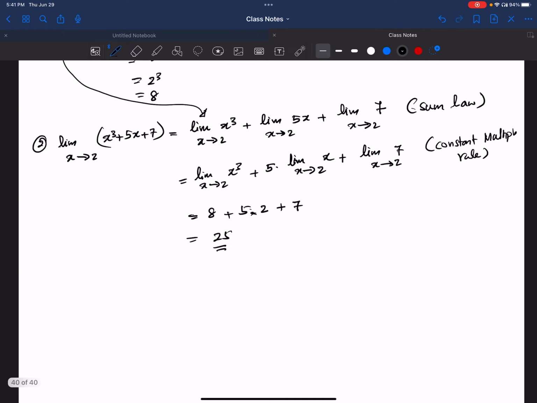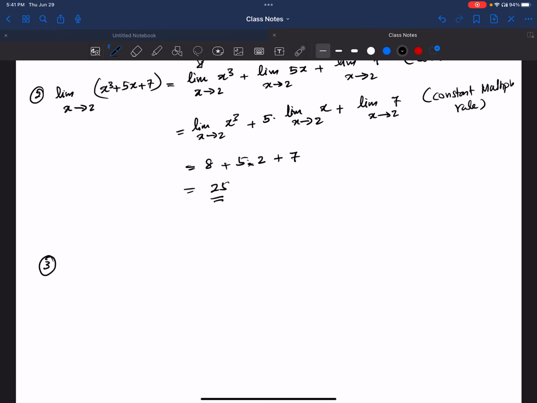And then number 3, limit x goes to 2, square root of x cube plus 5x plus 7.